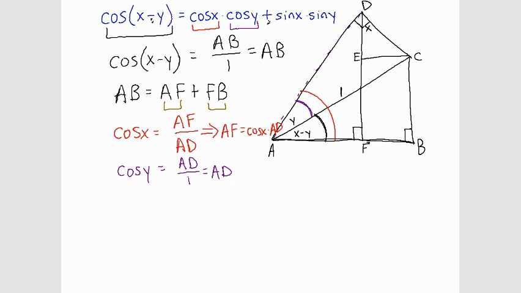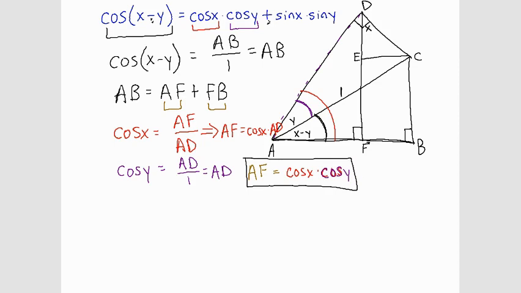And then we finally get what we wanted. We got AF is equal to cosine x times cosine y. There we go. Okay, awesome.